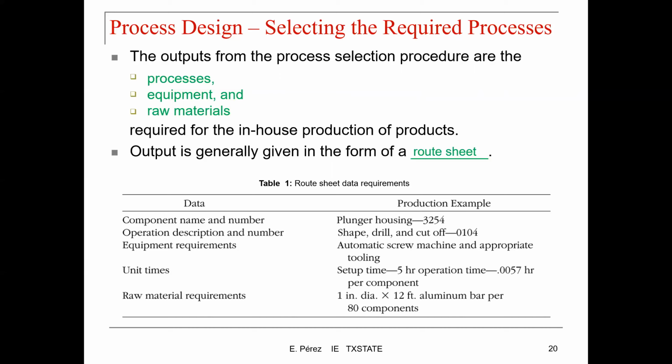And in terms of the materials requirements, how much aluminum per bar per 80 components in this case. So all these things are very important. You have to plan for the equipment, you have to plan for the tooling, you have to plan for the scheduling, you have to plan for the location and the availability of the materials in order to produce this product.